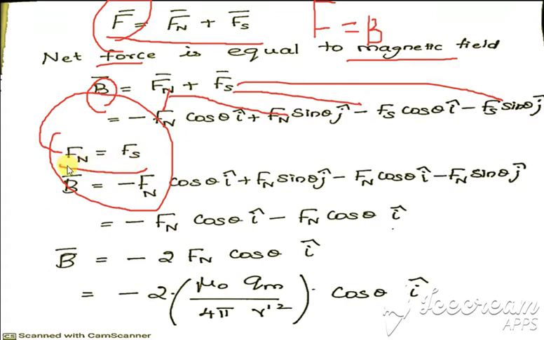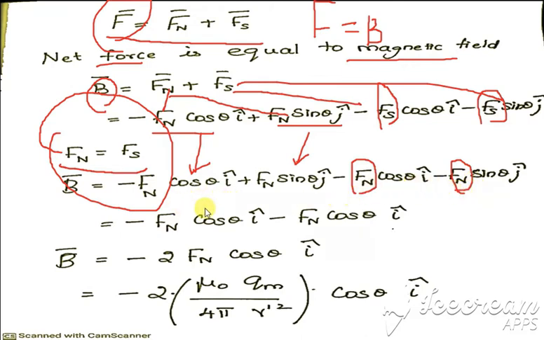So wherever you are having the value of Fs, see here this term I am writing as it is, and this term also as it is. But here instead of this Fs, I am going to write Fn. Same way here also instead of Fs, I am going to write Fn. Okay.